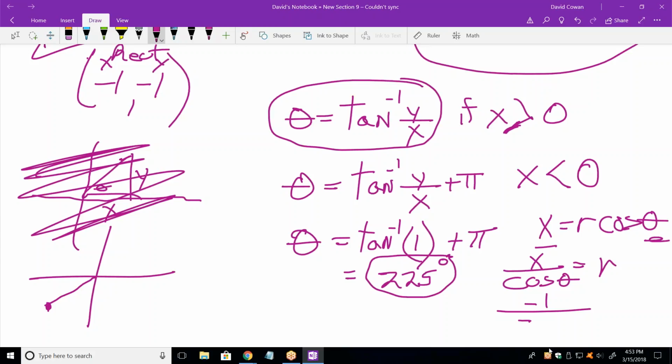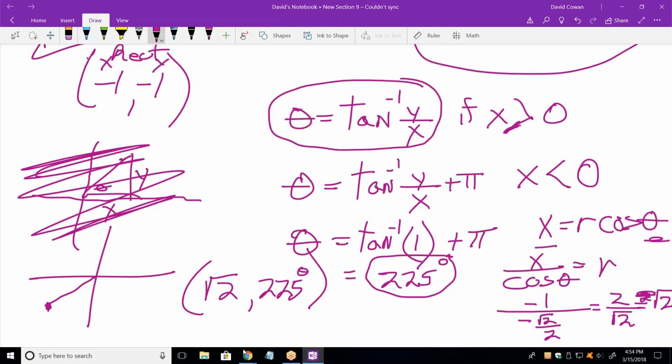That whole thing becomes a positive 2 over root 2, which rationalizes to root 2. So the answer is r is root 2, and theta is 225.